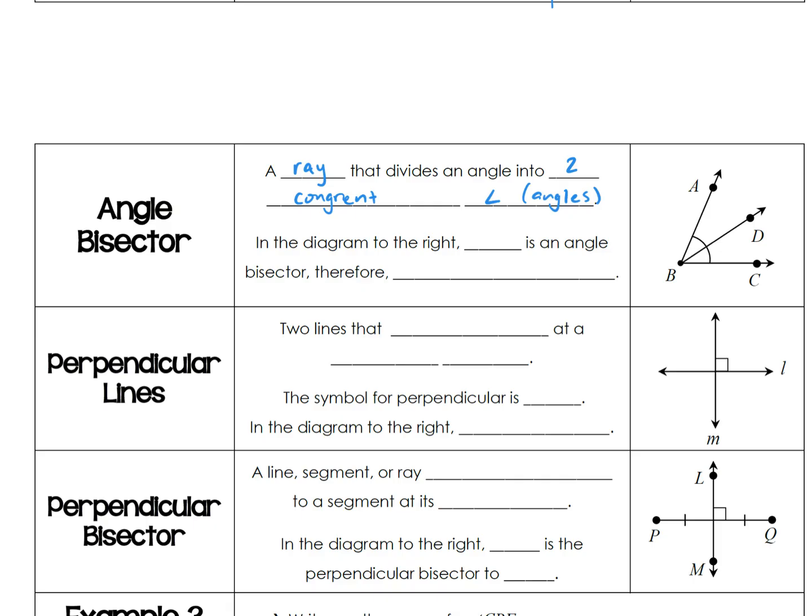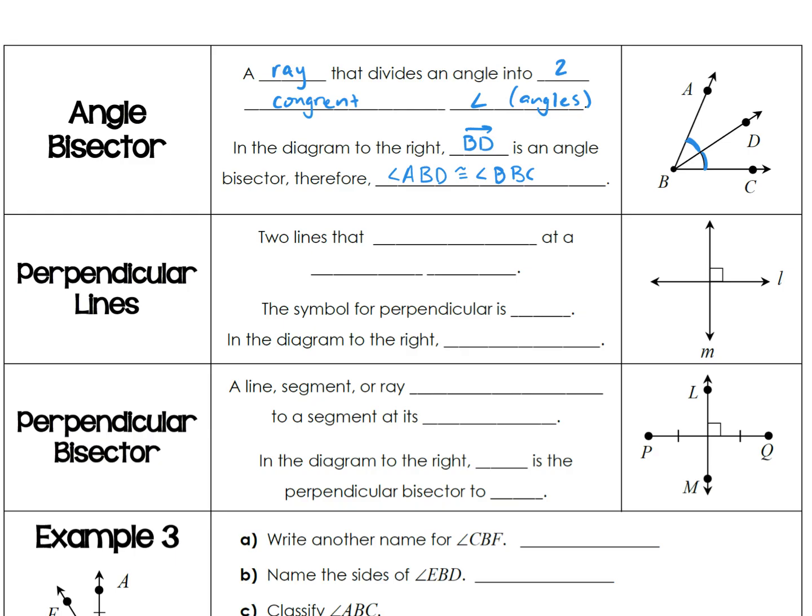Now, in the diagram to the right, you can see an example of this where you have angle ABC, and it is being bisected by ray BD. Another way you can write this is that ray BD is an angle bisector, and therefore angle ABD is congruent to angle DBC. And again, you can notice the little congruency marks right here to indicate that those two angles are congruent.